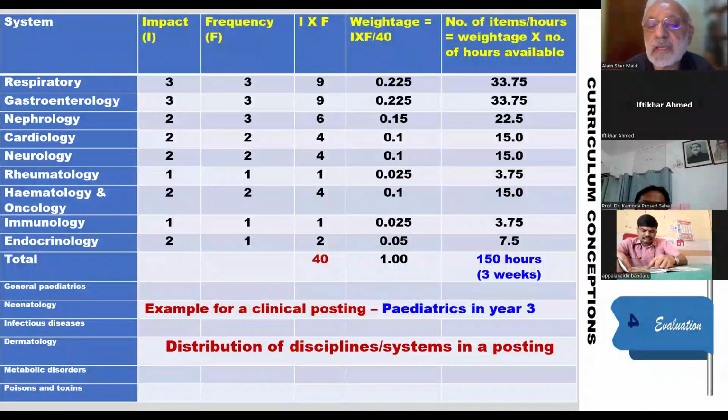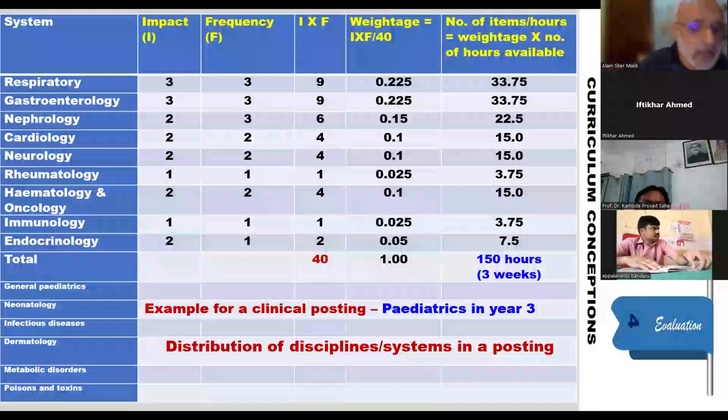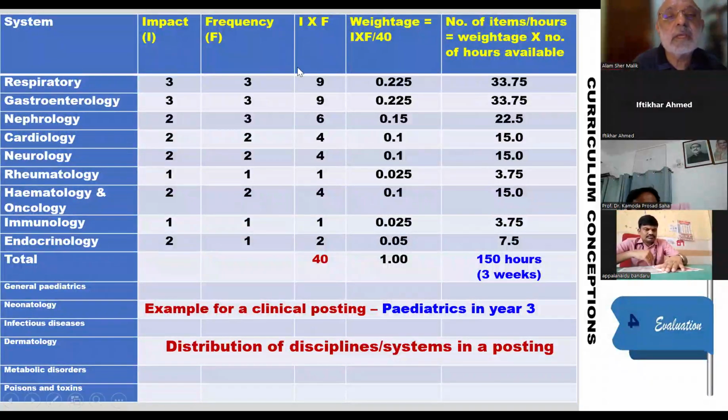Here, I'm taking an example of a 3-week posting, which is 150 hours. And I'm putting different systems in the first column. Let's say respiratory. The impact of respiratory conditions is very high. They have a high morbidity and mortality. Frequency is also very common.